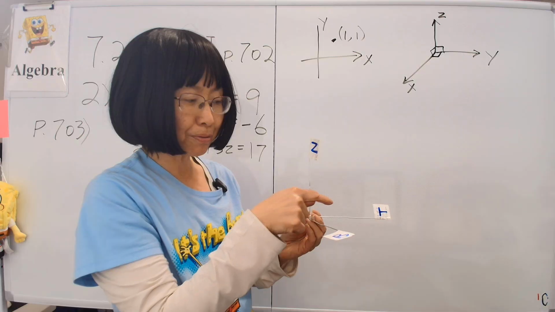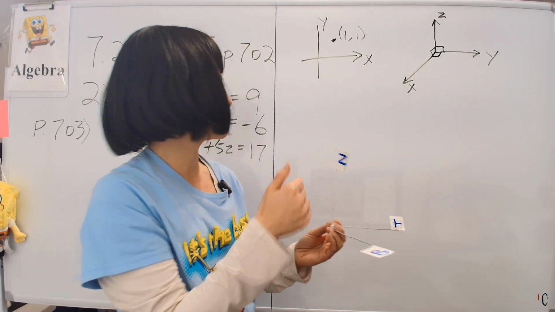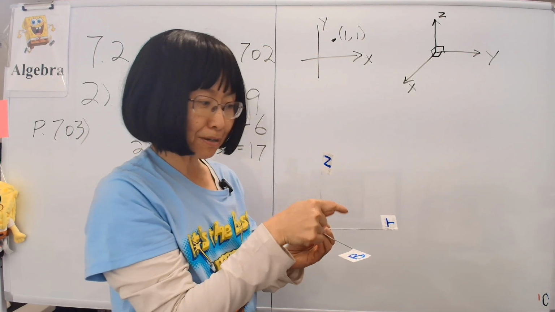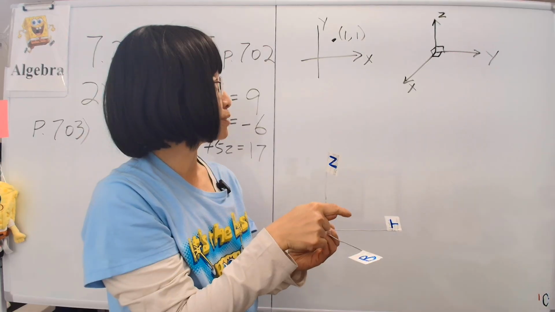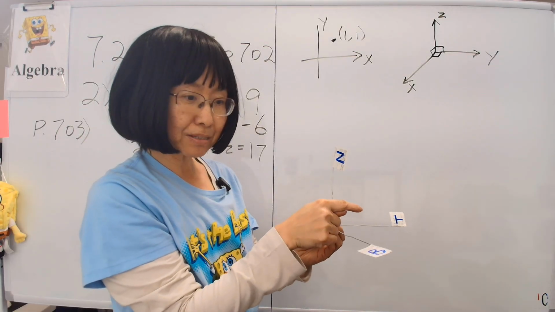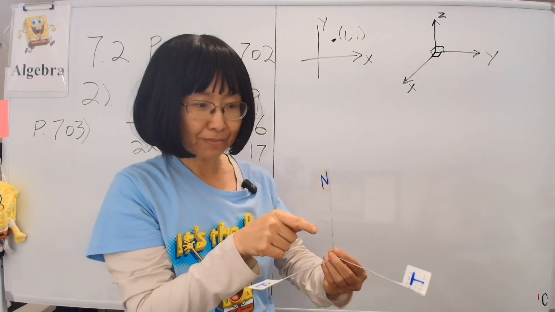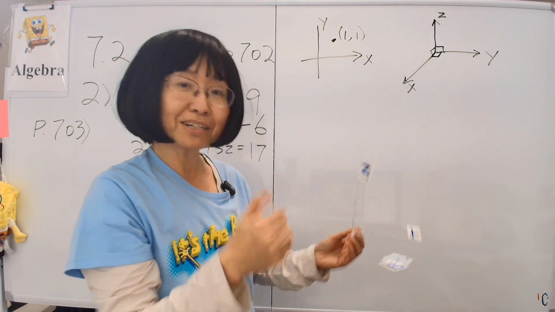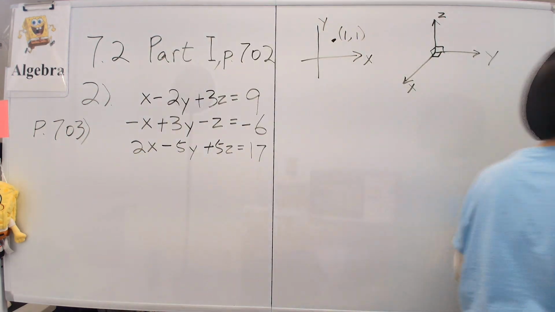A point on there will have 3 coordinates, unlike this one with 2. For example, the 1, 1, 1 point would be kind of hard to draw, but you get the idea. It'd be somewhere over here. If I turn it, you might see it better. Well, whatever. So that is the 3D system.